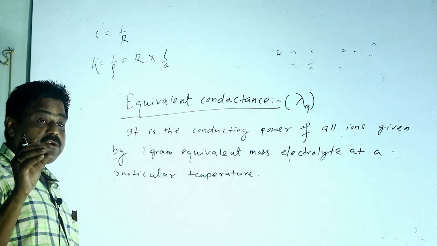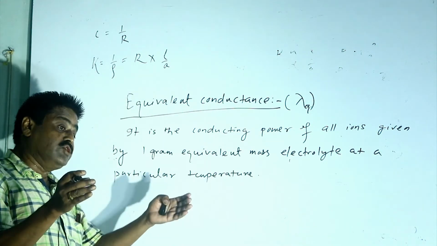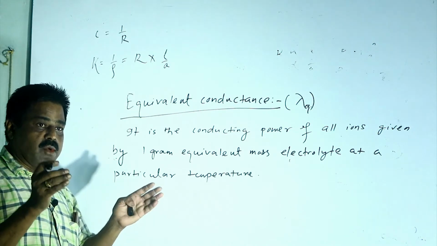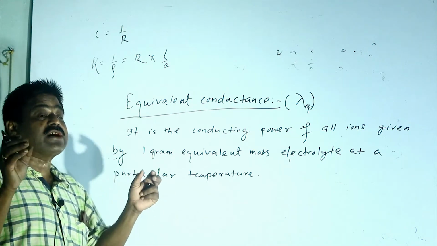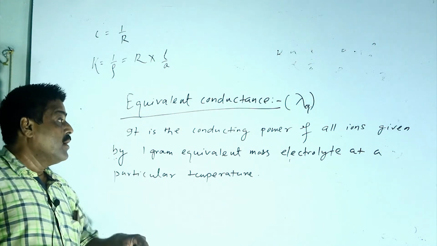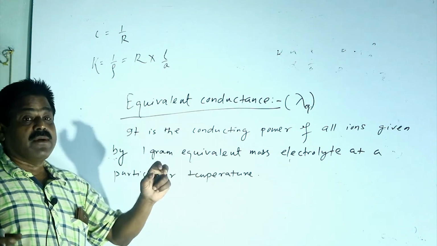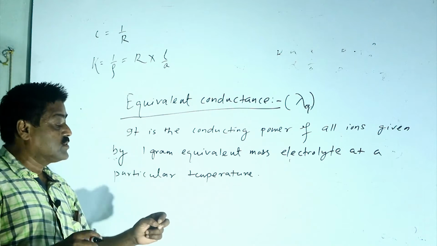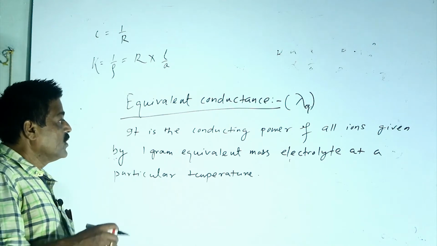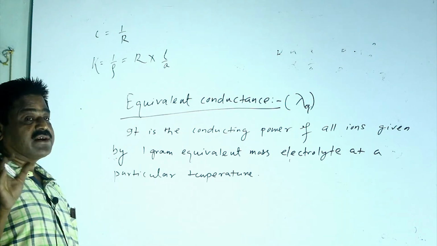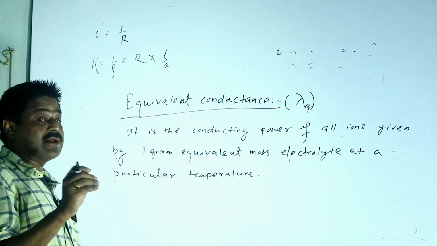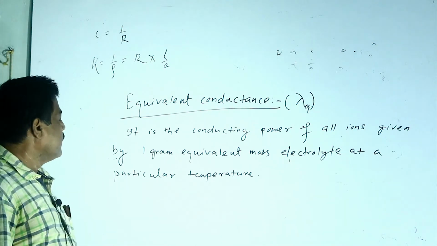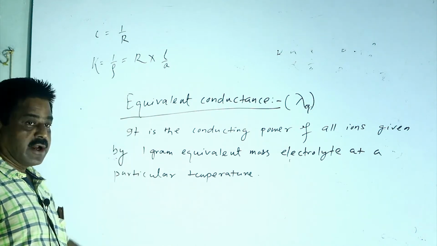When 1 gram equivalent mass of an electrolyte is dissolved in water, let's say in aqueous solution, then the total conductance is called equivalent conductance. The conducting power of all ions given by 1 gram equivalent mass of an electrolyte at a particular temperature is called equivalent conductance.